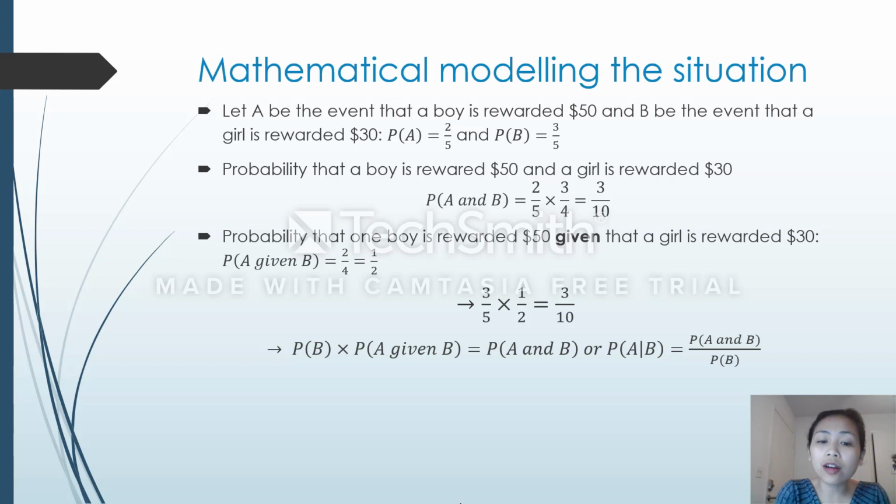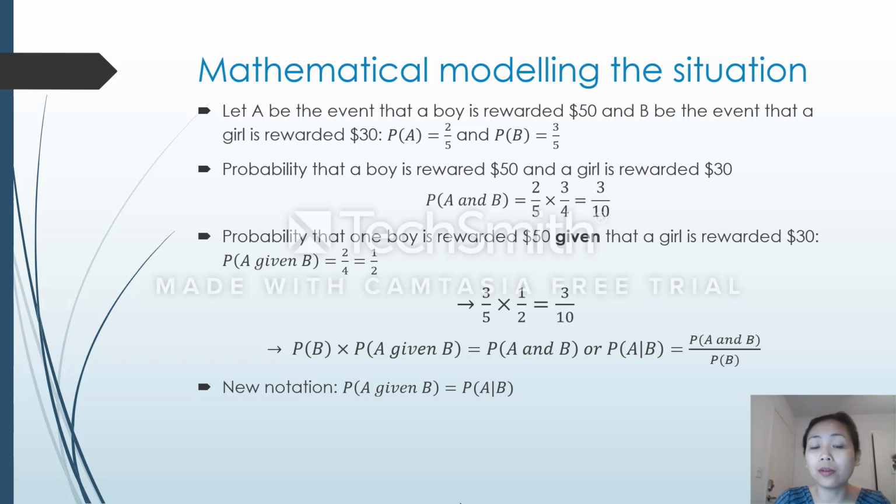If you divide both sides of the equation by probability of B, we have probability of A given B is probability of A and B over probability of B. A new notation here: probability of A given B is written probability of A slash B.